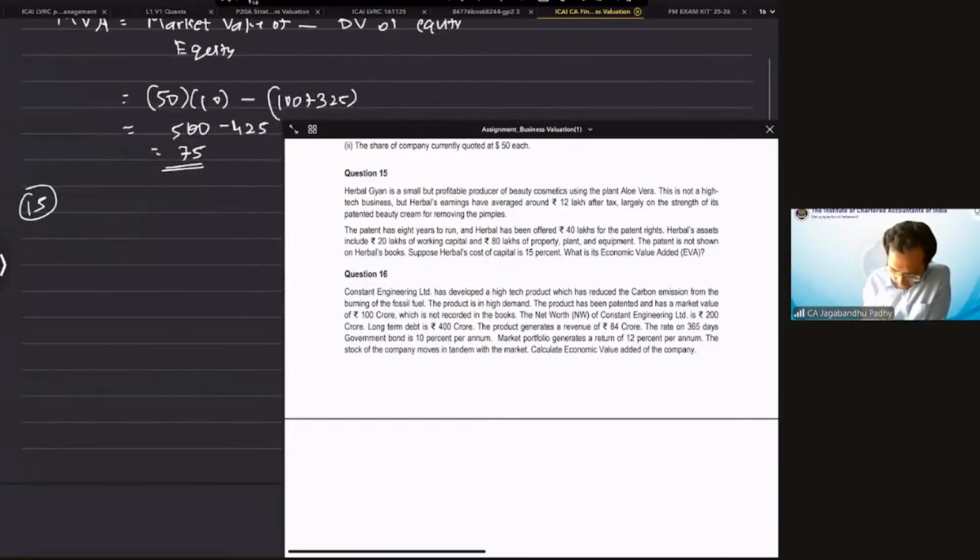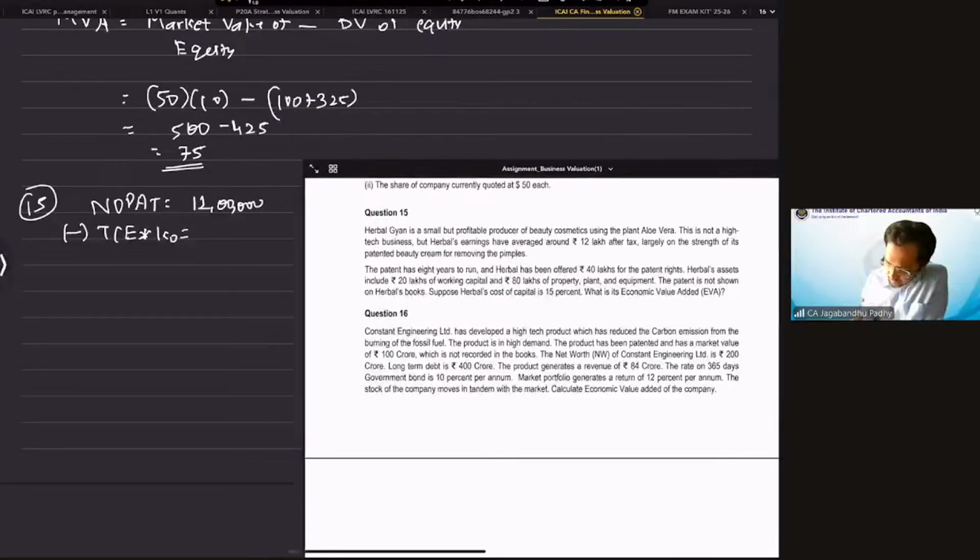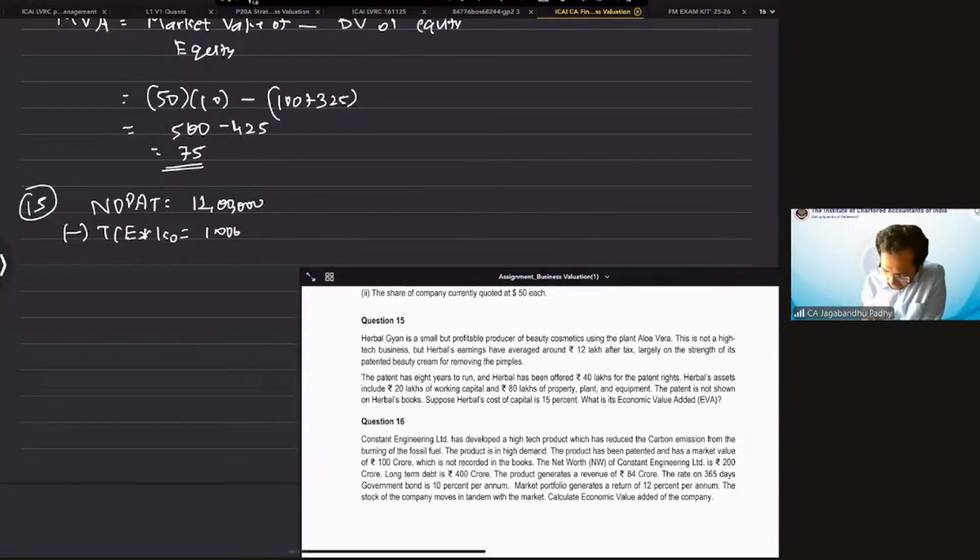So we have NOPAT over here, simply calculated as net operating profit after taxes, 12 lakhs. From that, we are going to subtract total capital employed into Ko. So total capital employed is 100 lakhs. 100 lakh into cost of capital of 15% gives 15 lakh.